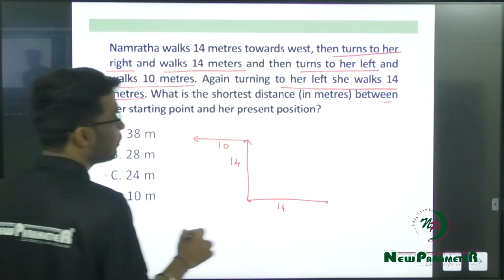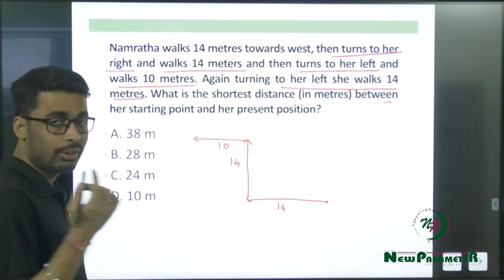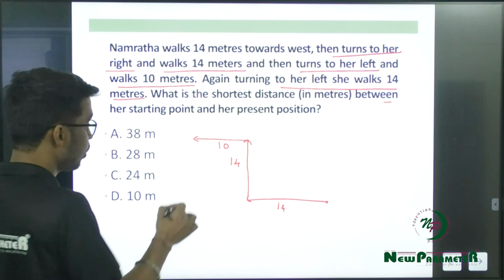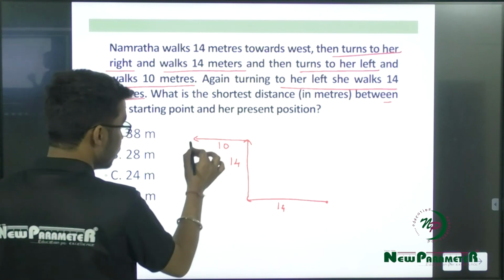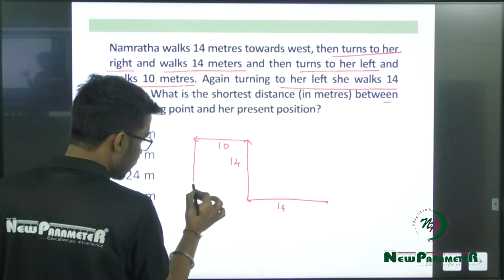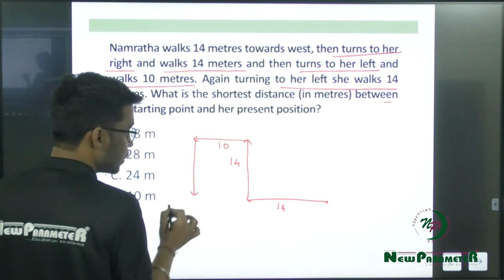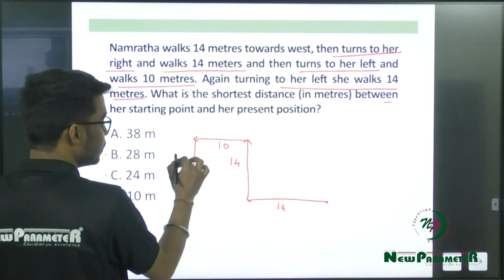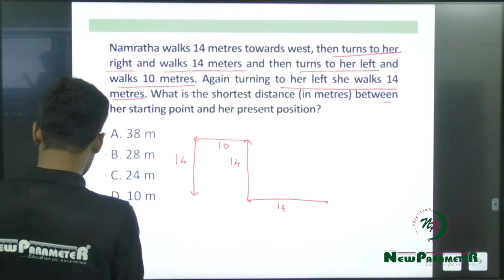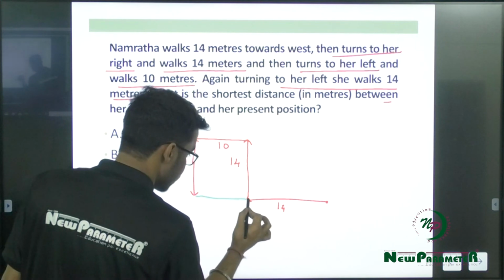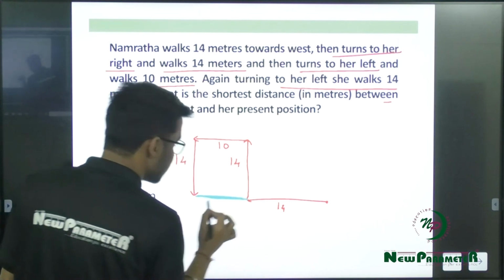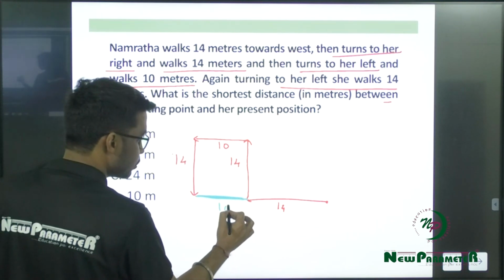Now as I have told you, left means anti-clockwise. So from this point, the anti-clockwise direction would be here. If she is moving anti-clockwise, she would be going towards south. If this is 14, this is also 14. So these two sets of points will be parallel to each other. That means this line would be a straight line. If this is 10, this will also be 10.